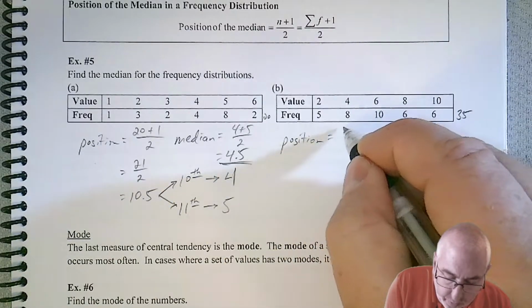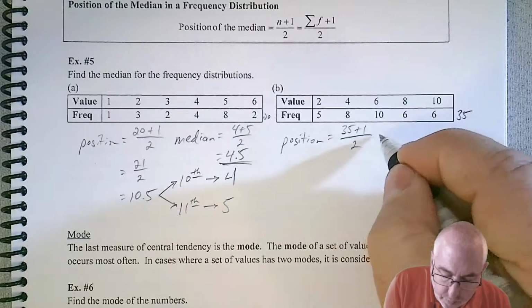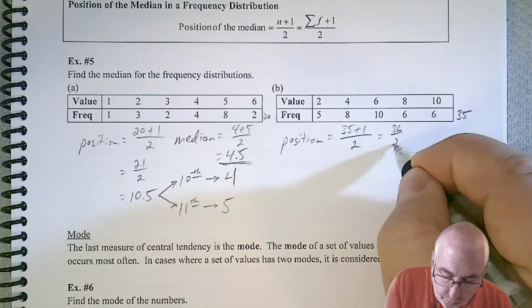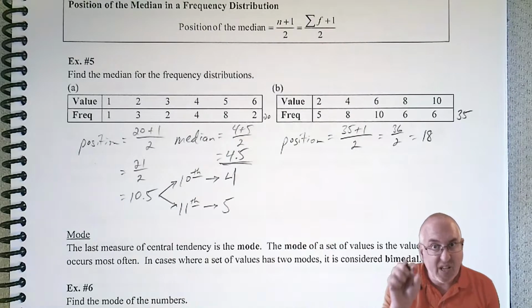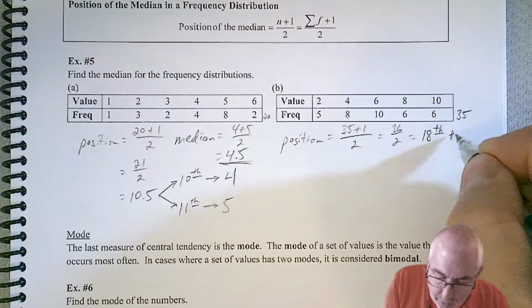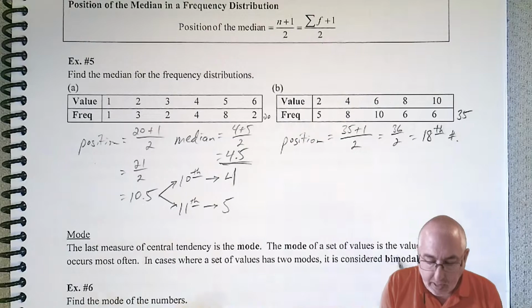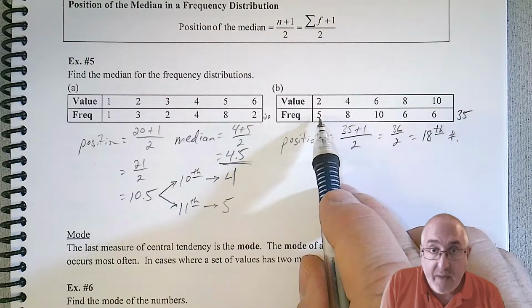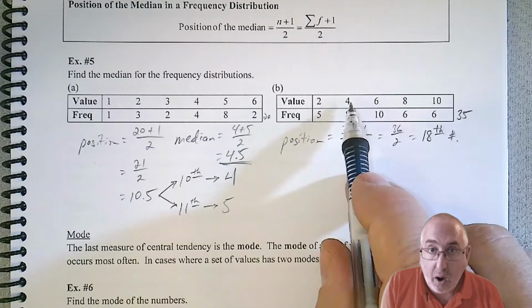So we want to take our 35 plus 1 all over 2. So 36 over 2, which is 18. Now we have a specific number we're looking at. We're looking at the 18th number in the list, in our table. So we got to go back and count. The first 5 numbers are all 2s. The next 8 numbers after that are all 4s.